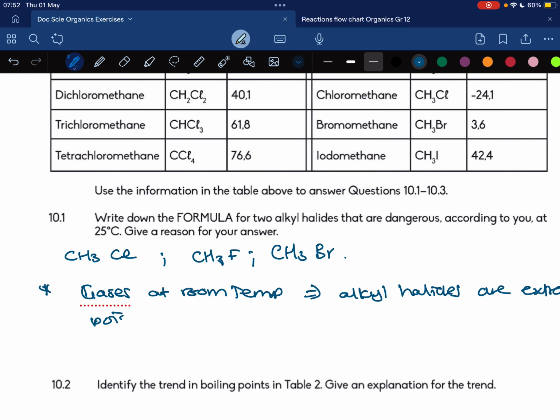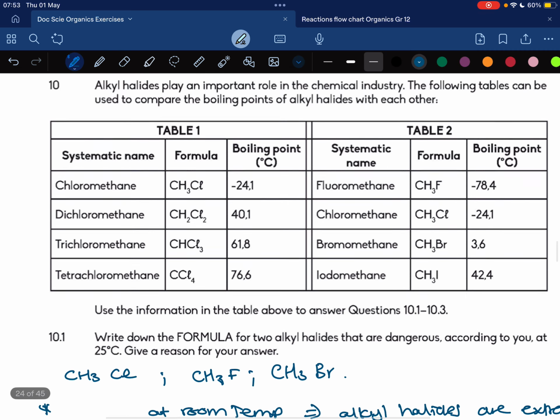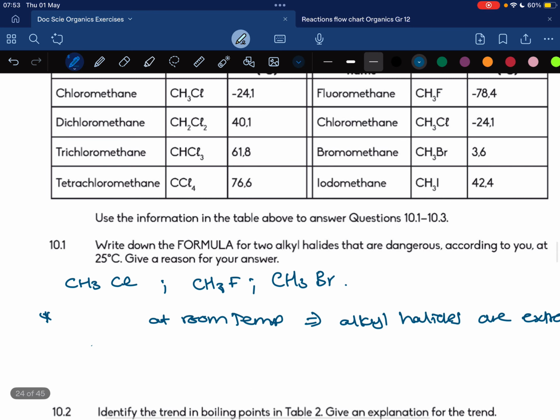Okay, and so we didn't choose iodomethane because it's not technically a gas at room temperature, because room temperature sits at around 21 to 25 degrees Celsius, and that's 42 degrees. Okay, so then poisonous.